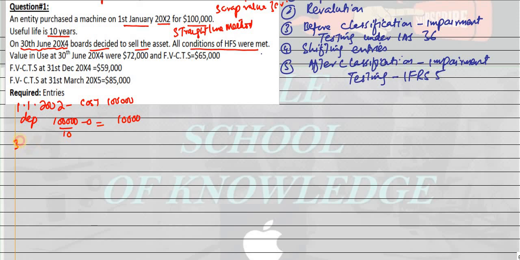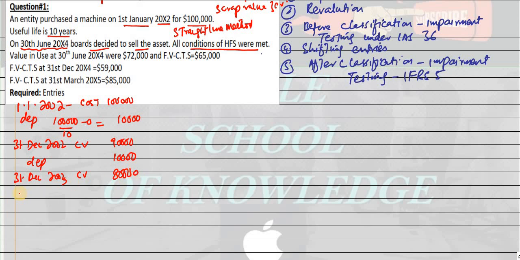So it means on 31st December 2002 the carrying value is 90,000. Again depreciation for another year, and it will be the same, 10,000, and on 31st December 2003 the carrying value will be 80,000.